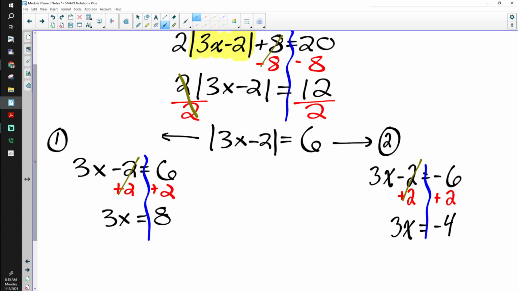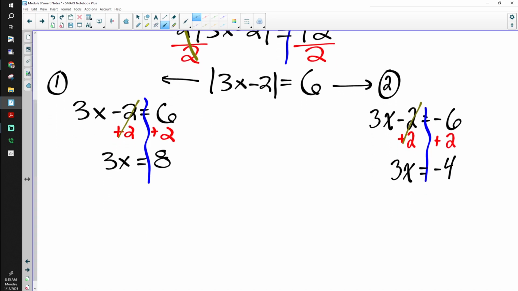Now all I have to do is, how do I get rid of the 3 that's attached? Remember, these are touching, they're being multiplied, so the opposite would be to divide. And you guys are big enough and far enough along in math where when we have gross, nasty decimal answers, it's actually better to keep them as fractions.